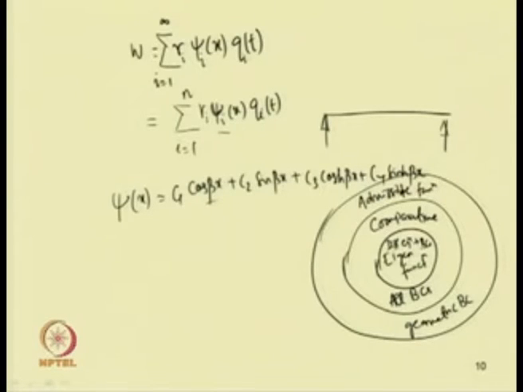So, if one takes this eigenfunction of the system, which satisfies the differential equation of motion and all the boundary conditions, one can get orthogonal functions, and these orthogonal functions one can use to reduce this continuous system into a set of multi-degree of freedom systems.